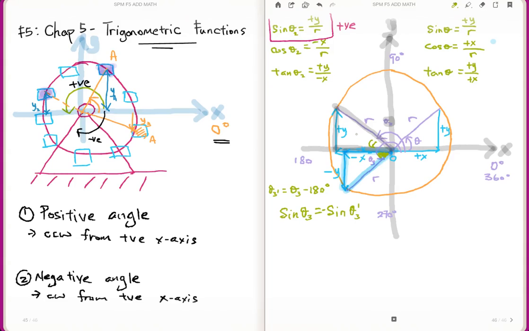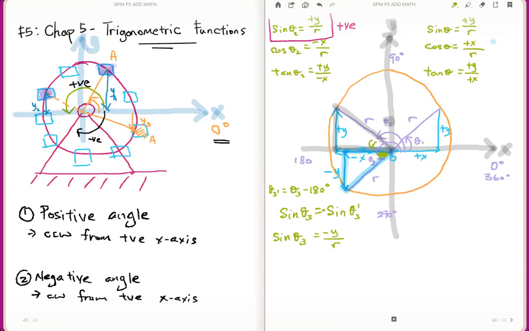Let me prove how it goes. Why is it so? Because sine theta 3, if you look at this triangle, is negative y over r, over the hypotenuse here. And this answer will be the same as the negative value of sine theta 3 prime, because it's an acute angle.